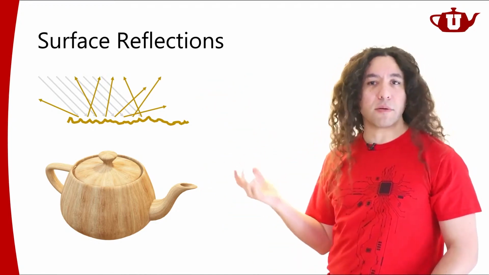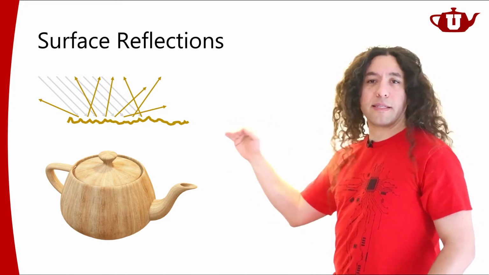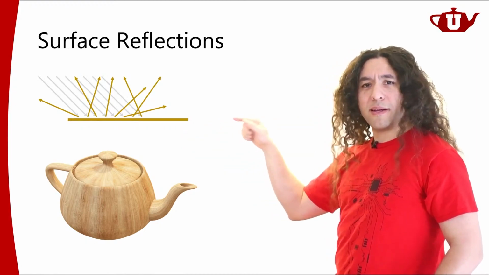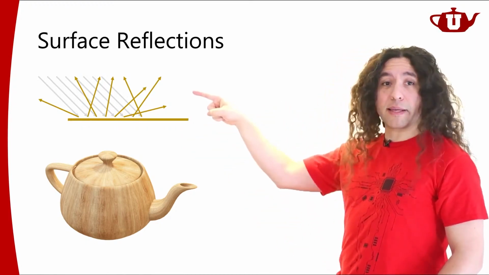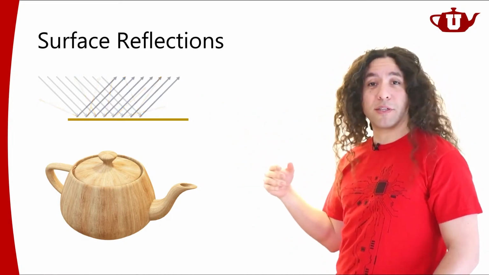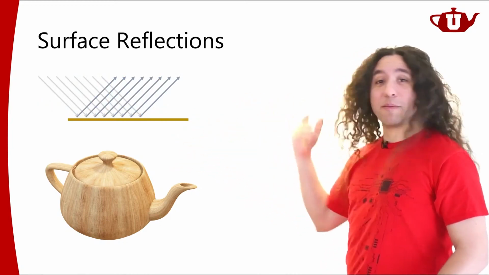But if the surface is not rough like this, if it's a more smooth surface, and when you zoom in, you can still see a surface that's really, really smooth like this, the scattering is not going to look like this, right? The scattering is going to look more like a mirror. So the light hitting the surface is going to bounce off in the same direction.